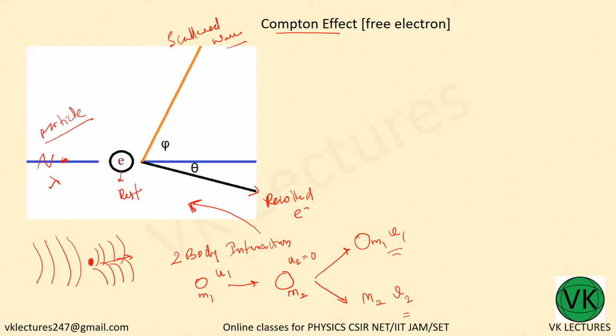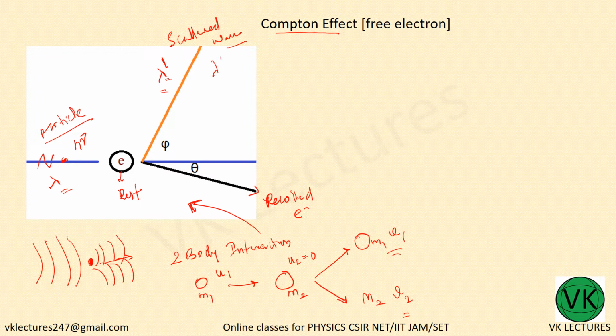So this is what is called the Compton effect. Here you have lambda, and let us call the scattered wavelength lambda dash. Here you can write h nu, the energy of the incident wave, which will always be larger than the scattered wave energy, but the scattered wavelength lambda dash will be higher than the incident wavelength, because energy and wavelength are inversely related.